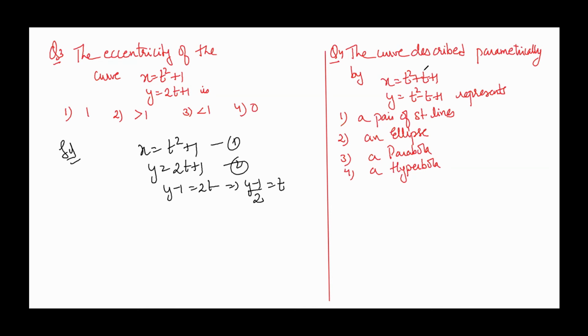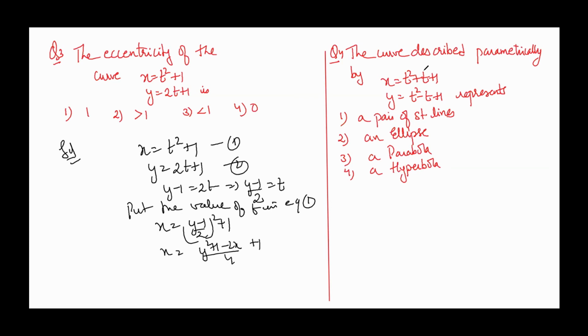So when I put this value of t in equation 1, this equation reduces to y square plus 1 minus 2x upon 4 plus 1, and when I take the LCM, this is 4x is equal to y square plus 1 minus 2y plus 4, and this comes out to be y square minus 6x plus 5 equal to 0.